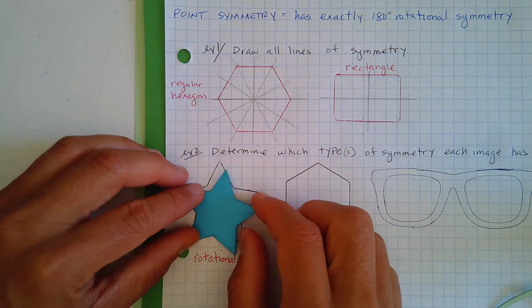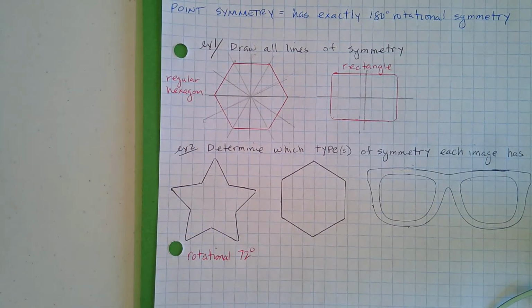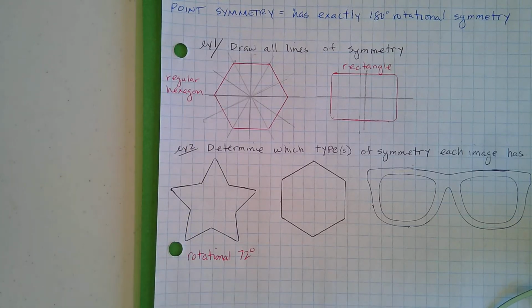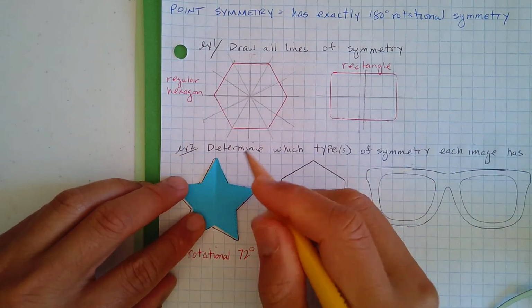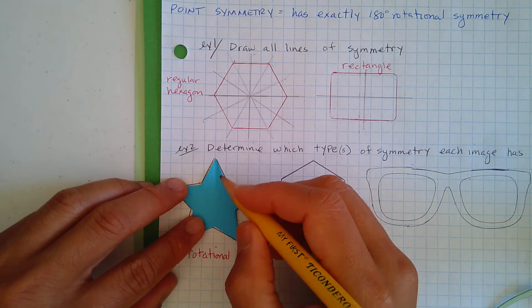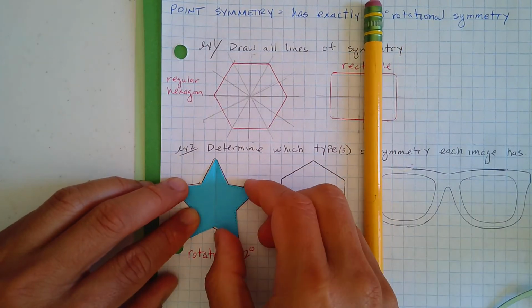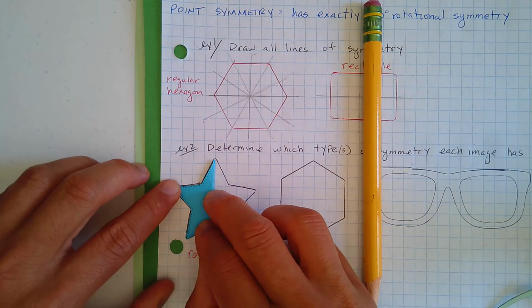All right. I also noticed that we could have a reflection symmetry. If we have a line and we drew it right down the middle, right here, and we folded it, it's going to map onto the other half perfectly.